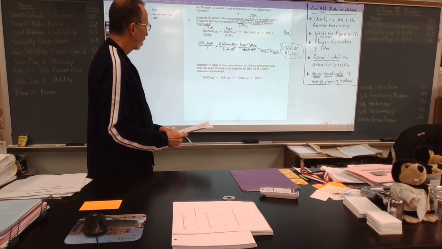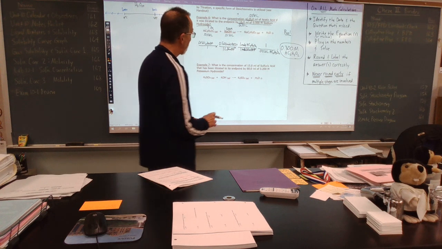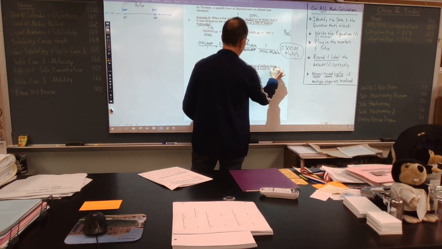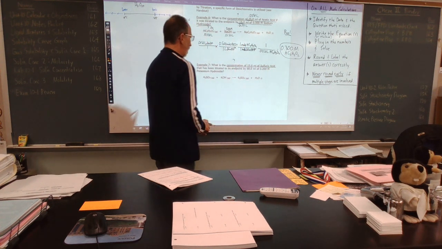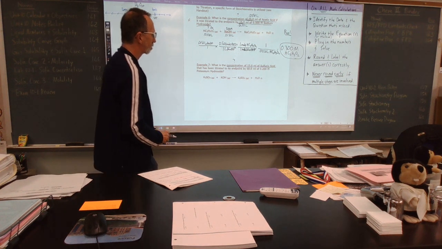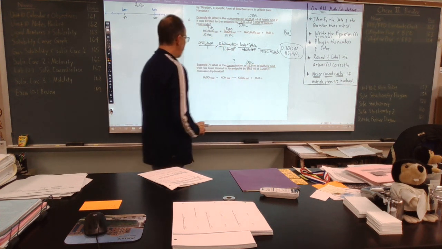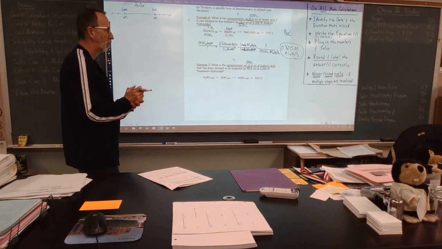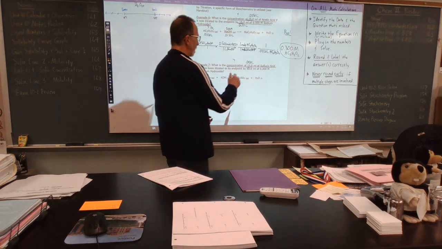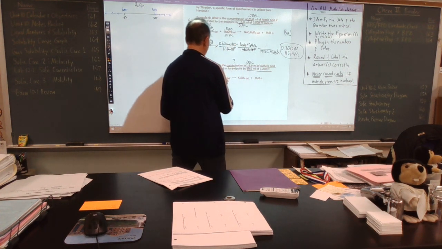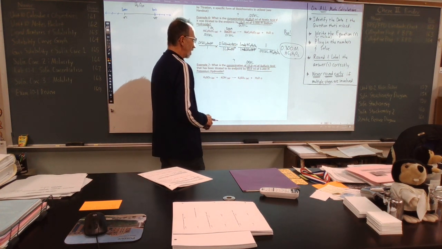Number 7, what is the concentration of 15.0 mLs of sulfuric acid? So again, that would be a volume in liters, 0.0150 liters, that has been titrated to its end point by 60 mLs of 0.200 molar potassium hydroxide.